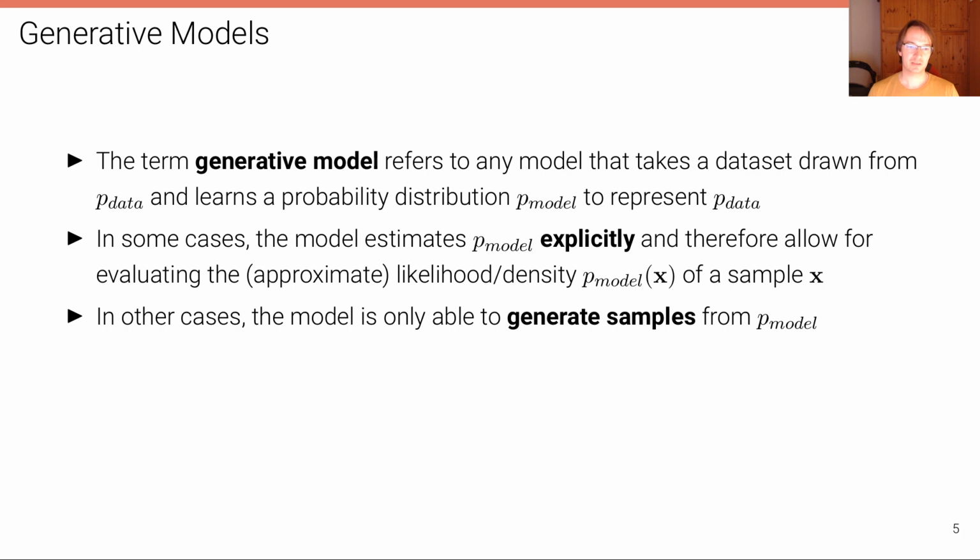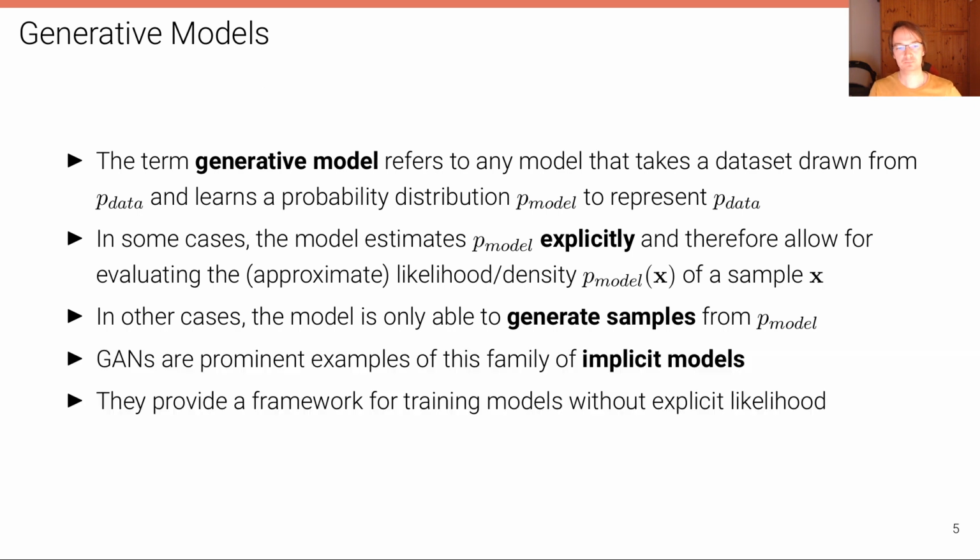In other cases, however, the model is only able to generate samples from P model. And this is the case that we are looking at today with GANs. GANs are a prominent example of this family of so-called implicit models. They're called implicit because they don't allow for evaluating the likelihood.